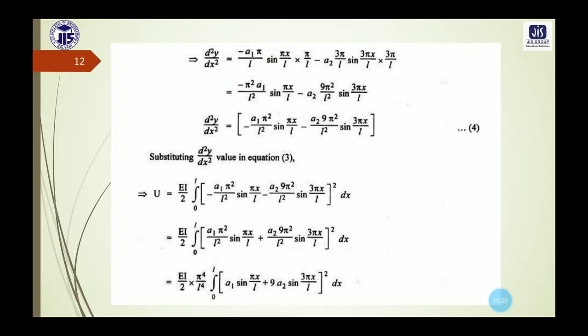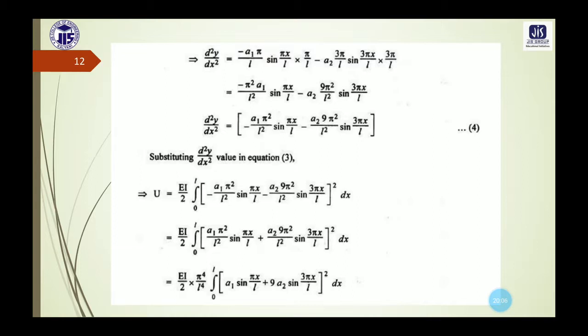This value of d2y/dx2 that we have got by second order differentiation of the approximation function, we now need to put in the formula of the strain energy U. So if we put this value of d2y/dx2 in the formula of strain energy in the second step, U equals EI by 2 integration 0 to L of minus a1 pi square by L square into sine pi x by L minus a2 9 pi square by L square into sine 3 pi x by L, whole square dx.